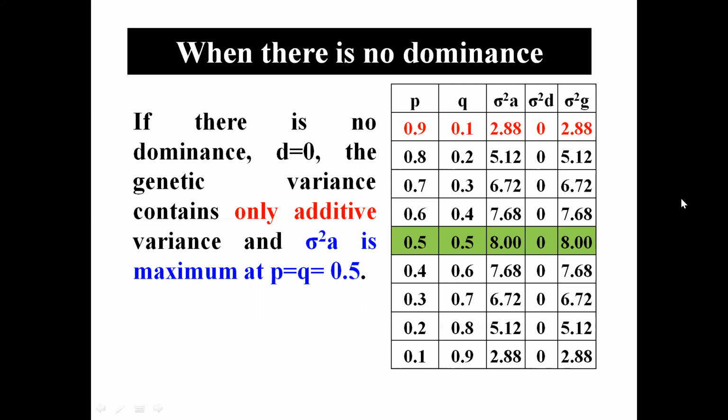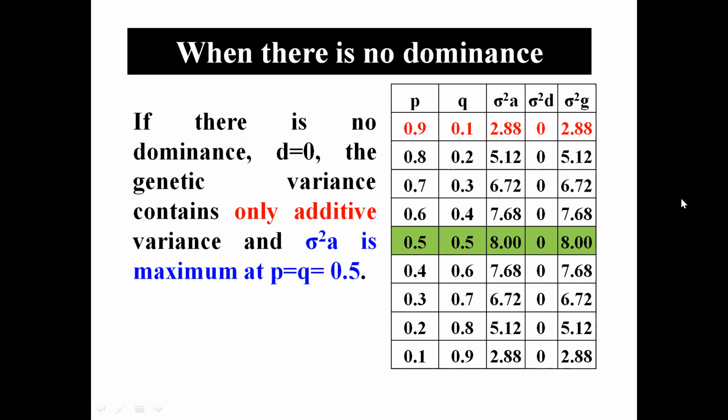And this additive variance is maximum at intermediate frequency, that is, P is equal to Q is equal to 0.5. This is the intermediate frequency. You see, when Q is at lowest, that is 0.1, the variance is also at the lowest.